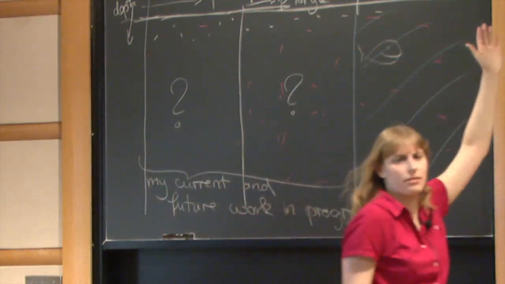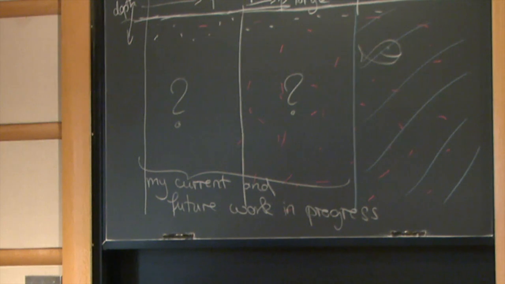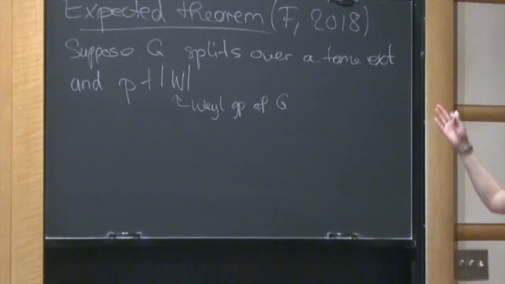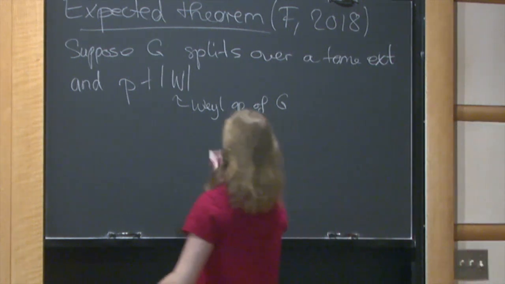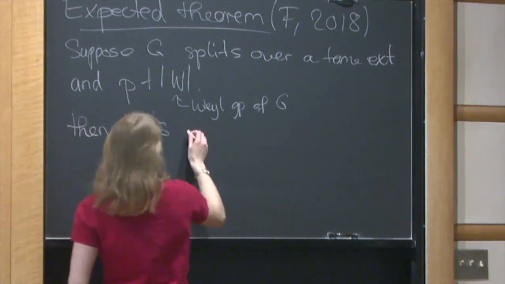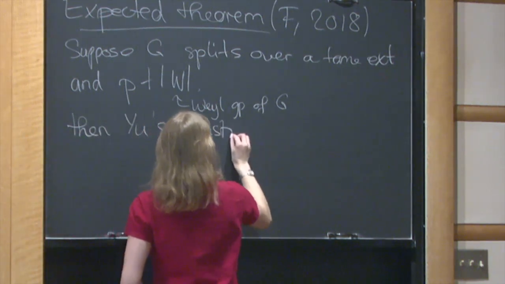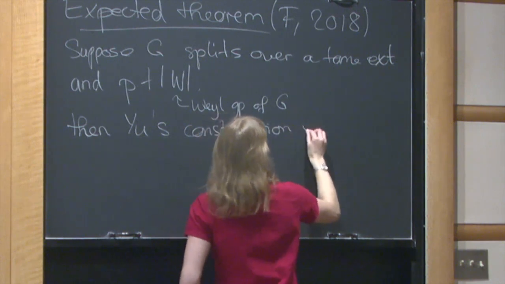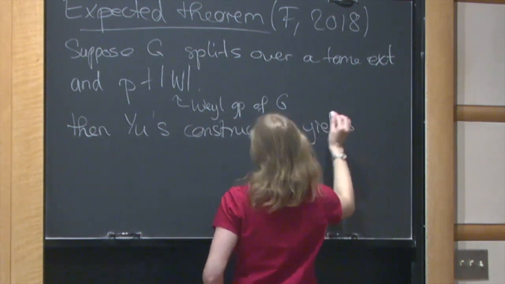So even though the order of the Weyl group is pretty large, the primes you actually exclude are not that many. So it's a reasonable amount of primes you exclude. So suppose this happens. Then I expect that Yu's construction yields all supercuspidal representations.